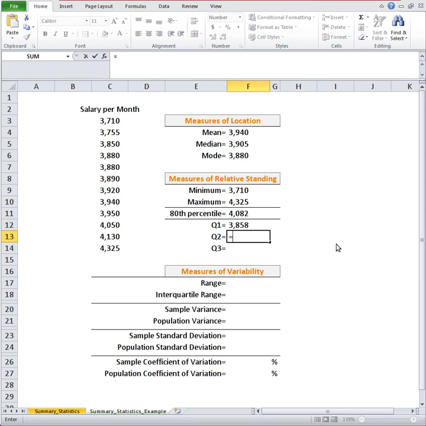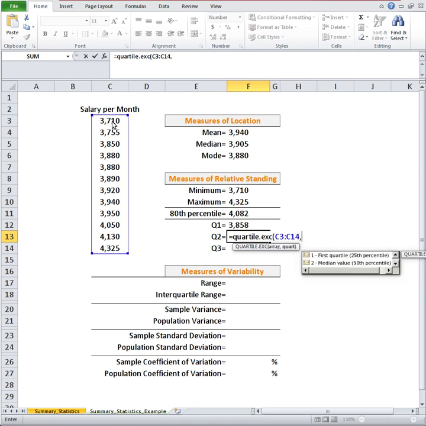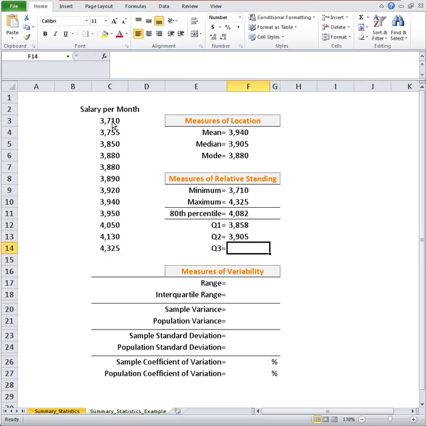It would be the same thing, quartile excluding the lower and upper quartile, or the min and the max. Then I'm going to get the second quartile, which is the 50th percentile, which is again the median. So as you can see, median and second quartile are the same.